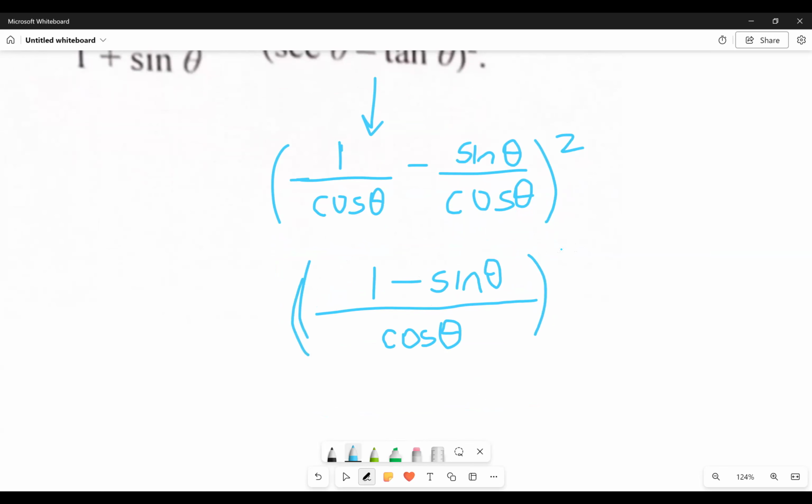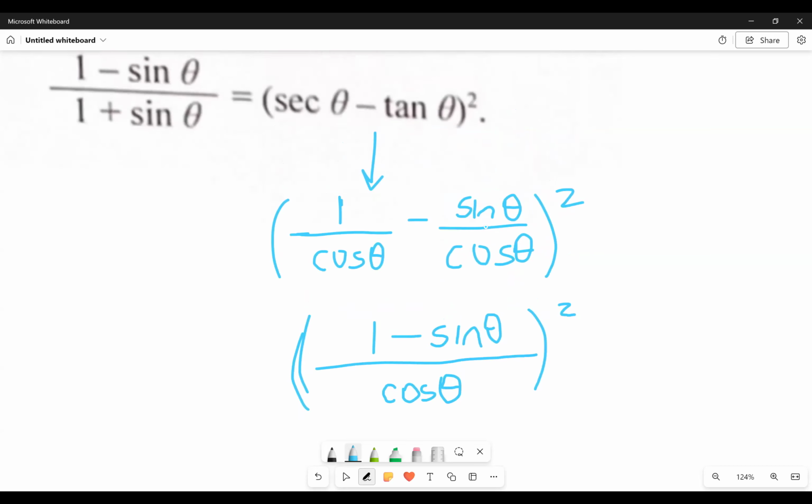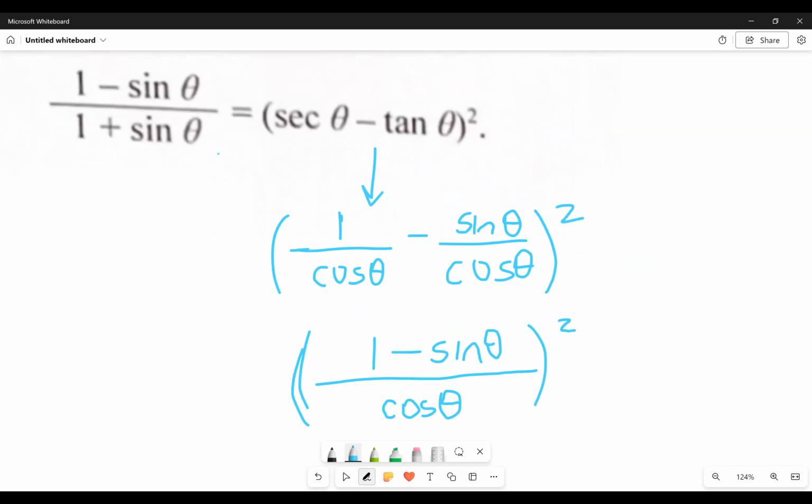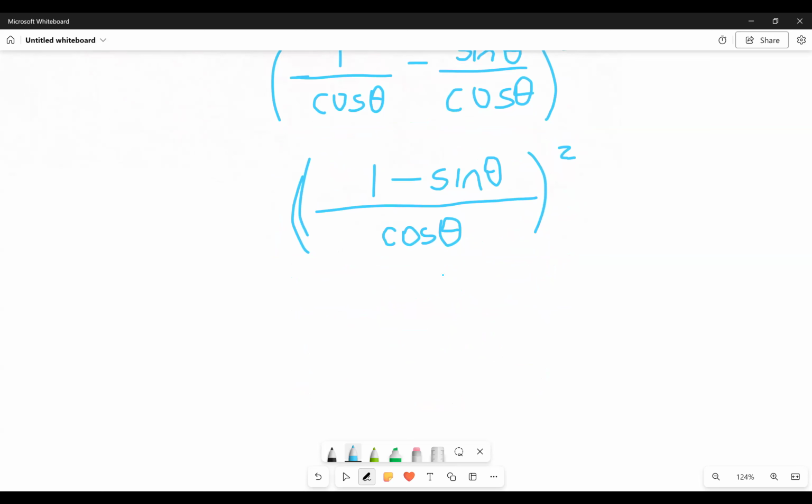So now we have completed 2 steps, which is turn everybody to sine and cosine and write as one fraction. The next step is to realize that this now only has sine. So let's expand the square.